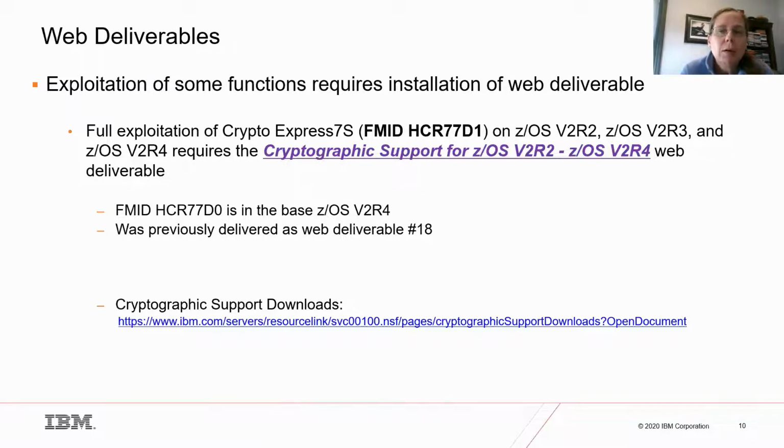The name of that web deliverable is the Cryptographic Support for z/OS 2.2 to 2.4, meaning you can install that FMID down to 2.2, 2.3, and 2.4. However, the HCR77D1 FMID is not shipped in z/OS 2.4. So when I said you get the latest functions and all the exploitation for 2.4, it's only if you pull this web deliverable and install it yourself. And you can see the web page here on where to acquire that from.